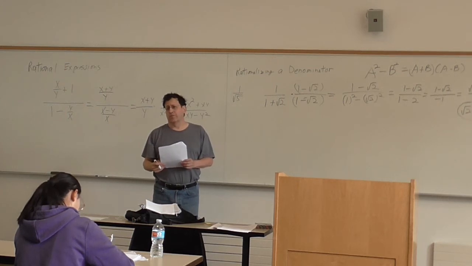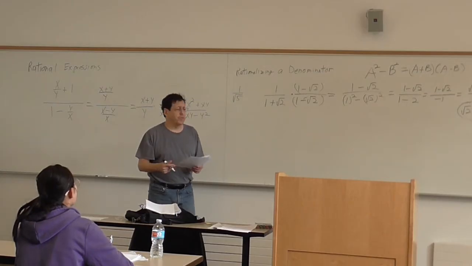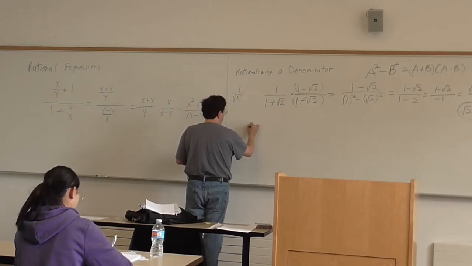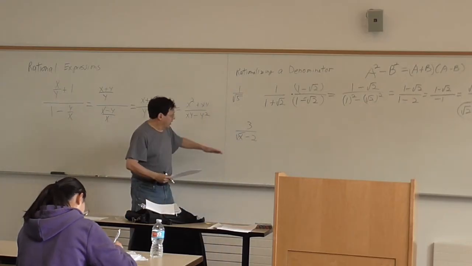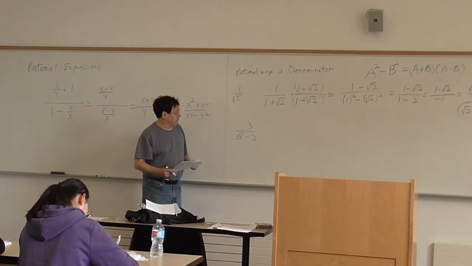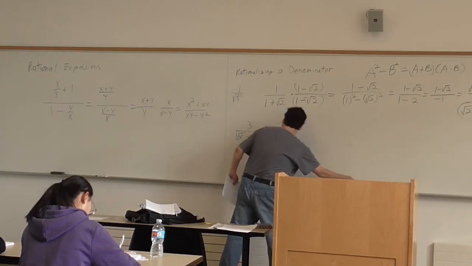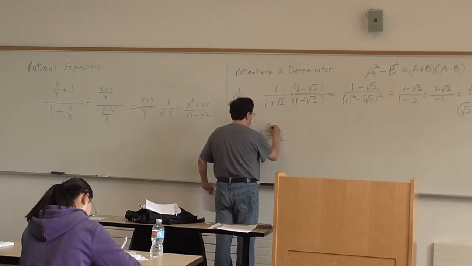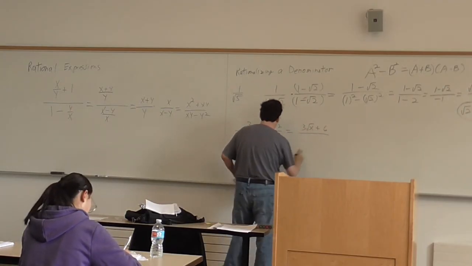That would work equally well if we had not a number, but an expression with a variable in the denominator. So let's say I have 3 over square root of x minus 2, and I don't want this radical square root of x in the denominator, I can multiply it by square root of x plus 2 over square root of x plus 2, so I have 3 square root of x plus 6 on top.